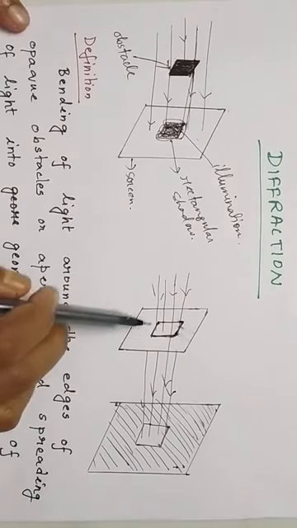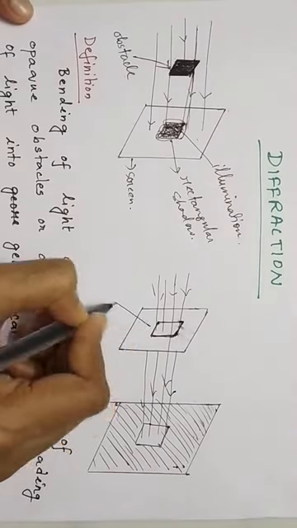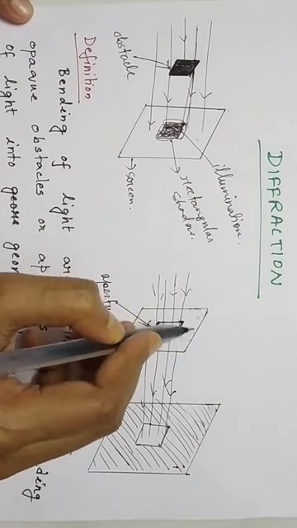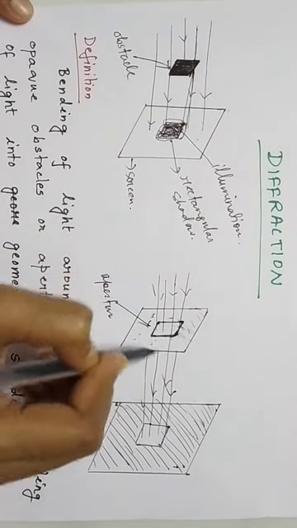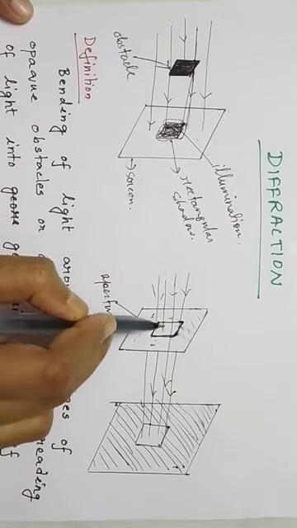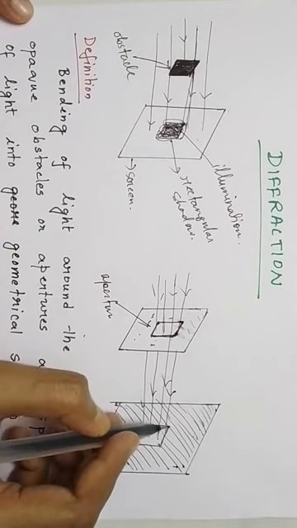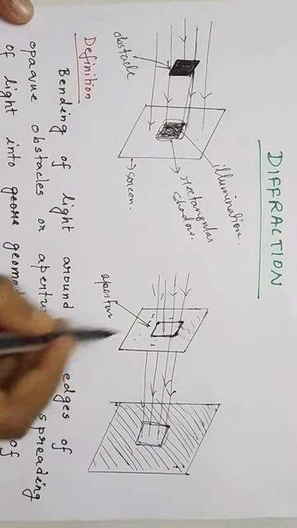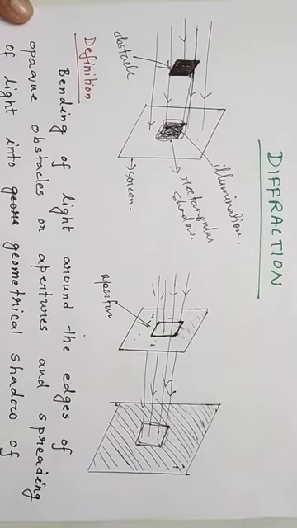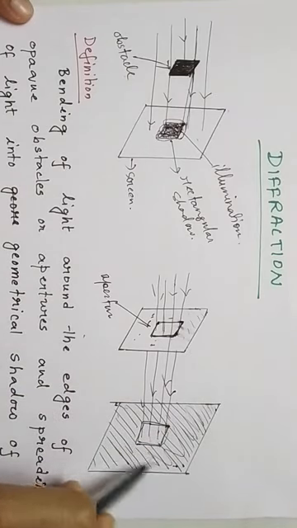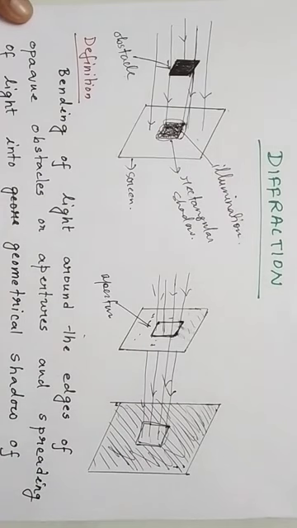Also, suppose over here we have a rectangular aperture through which light can pass, and these areas are blocked. Then we should get a rectangular portion which is illuminated, and the other portion on the screen is completely dark.